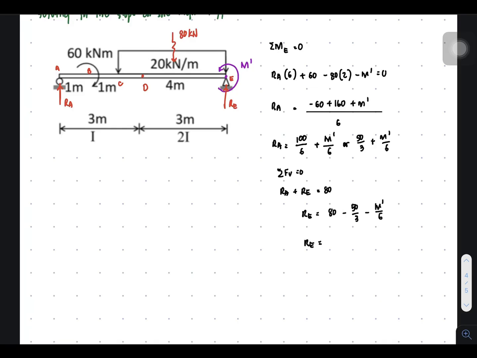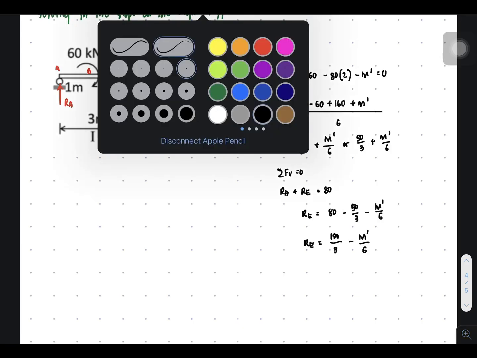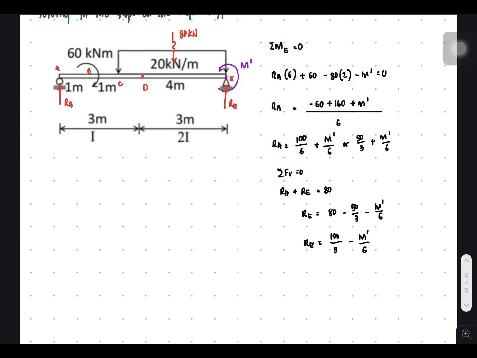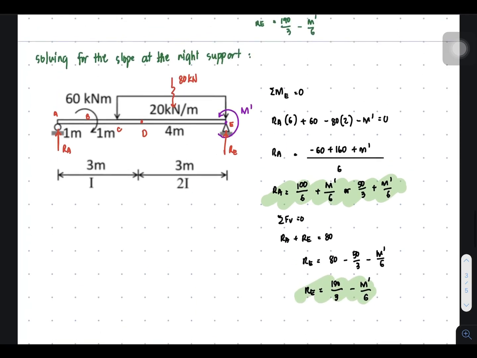So RE now is equal to 190 over 3, then minus m prime over 6. That is our RA and RE. So let me just highlight this, that this is for RA and this is for RE. So later on we will be needing those terms.